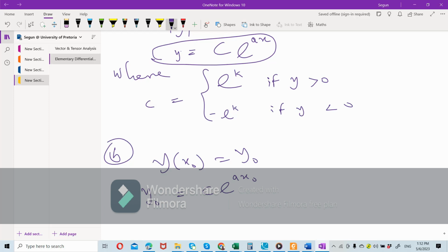So we need to calculate our c. What is going to be your c in this case? So our c will be y naught exponential minus a x naught.